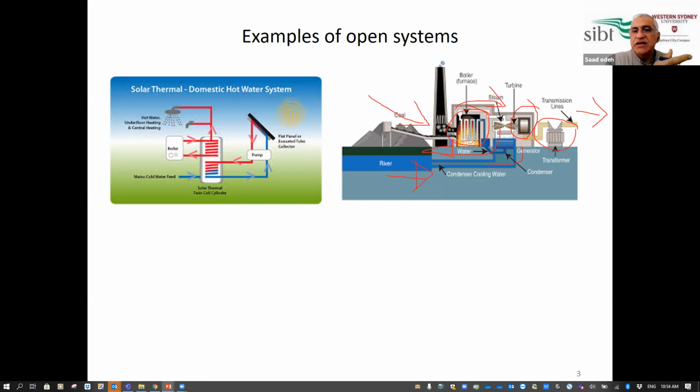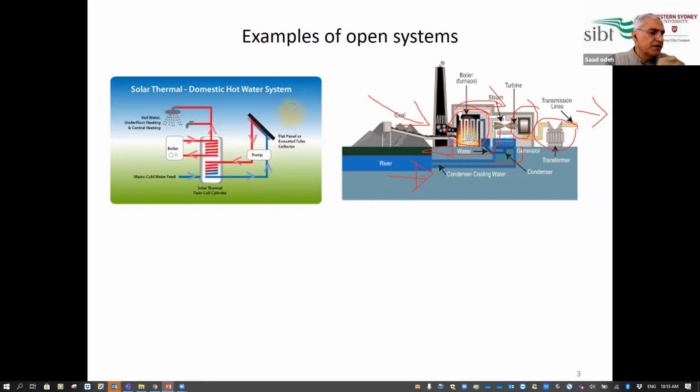So again, you can see that we have so many inputs and exits from the system. But what we are trying to explain here is that this is an open system because we have fluid flowing across the system in many parts, such as the cooling water, the river water, and, let's say, the gases coming from the chimney.